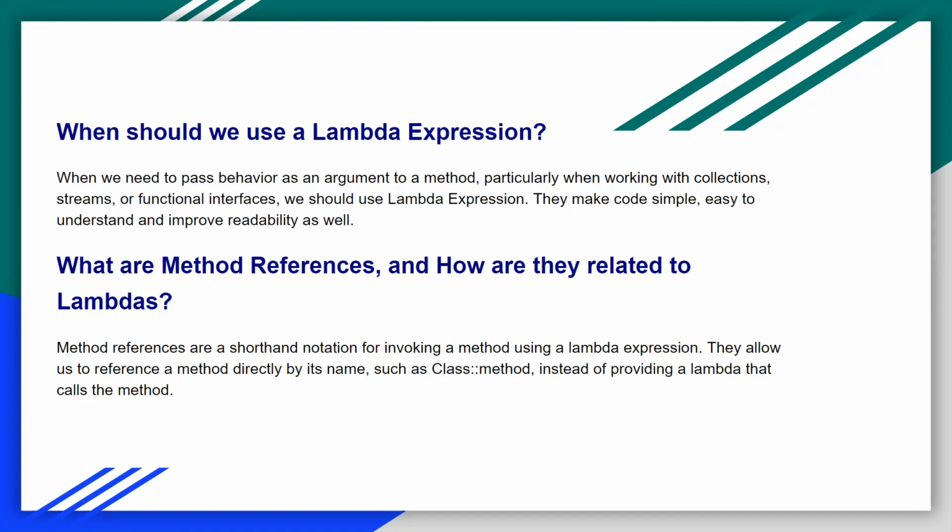So method references are basically the shorthand notations for invoking a method using the lambda expression, and they also allow us to reference a method directly by its name, such as class then double colon then method, instead of providing a lambda that calls the method. This is one of the important questions.